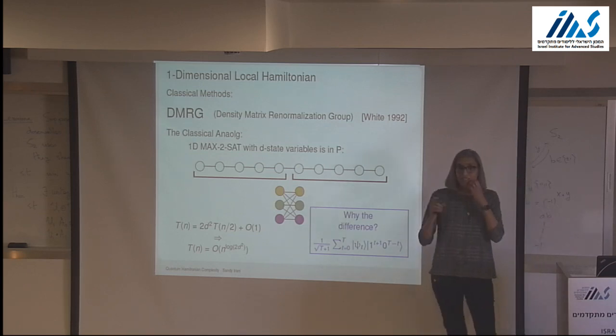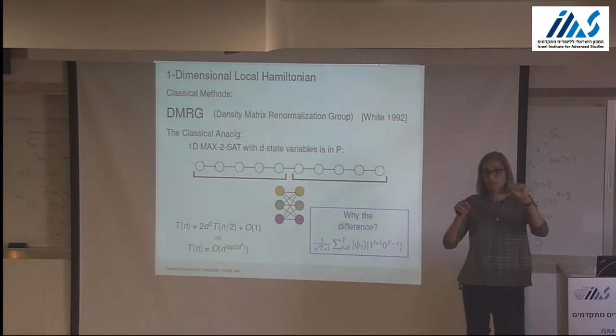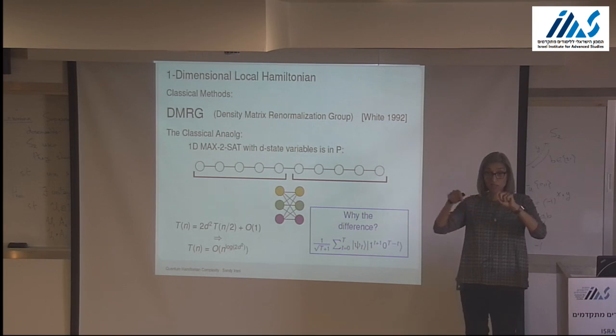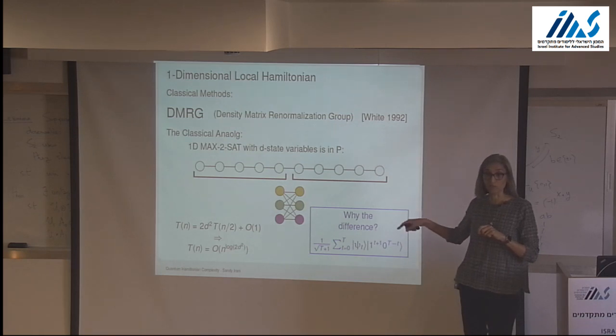So in the first lecture, I talked about the special case of the local Hamiltonian where each local Hamiltonian term is diagonal in the standard basis, in which case the solution is just a classical state. It's just a string of assignments to each particle. Okay? That's what I'm talking about in the classical problem.